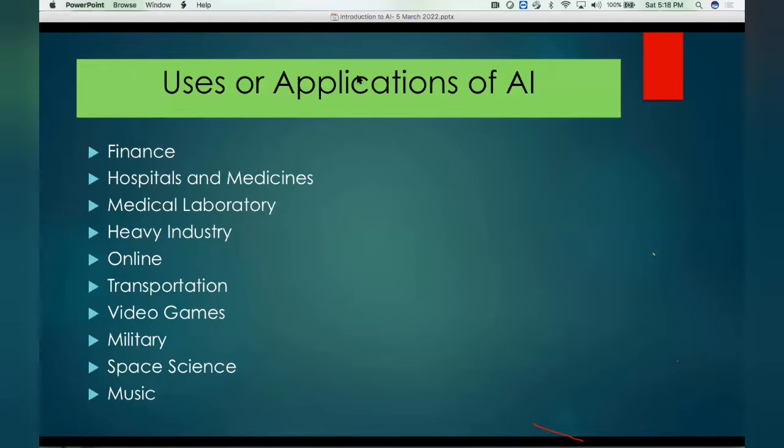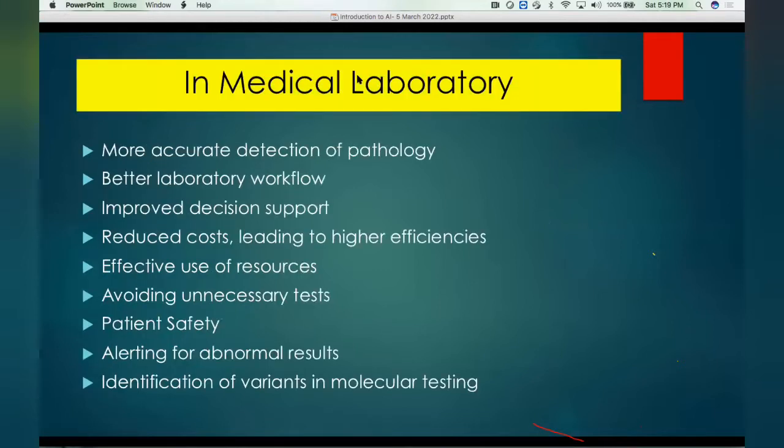It has application in finance, hospitals, medical laboratory, other industries, transportation, in video games, in military, in space science, in music, in sports. It has various applications. In our medical laboratory, it helps us in more accurate detection of pathology. How? That we will see in the coming lectures.